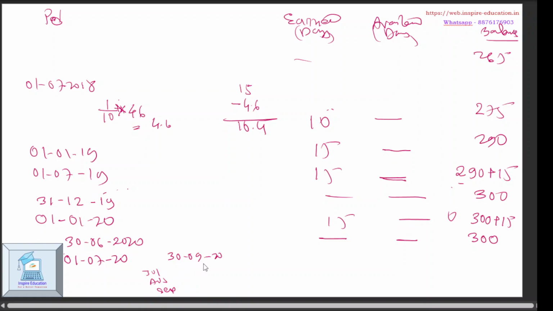So our calculation will be 5 by 2 into number of completed months, which is 3. So basically 5 3s are 15 by 2 is 7.5 days. 7.5 days is equal to 8 days. So there will be 300 plus 8 days. Okay, so this is our answer, 300 plus 8 days accumulation as on 30/9/2020.